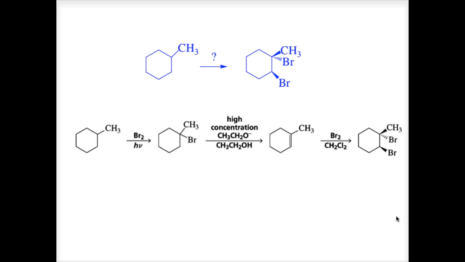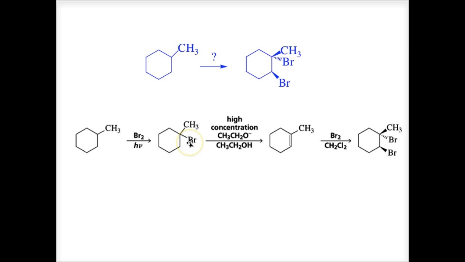Here's a second example. Methyl cyclohexane is our starting material, and we want to make a vicinal trans dihalide type compound, this target. Since the starting material is an alkane, the first reaction must be a bromination again.